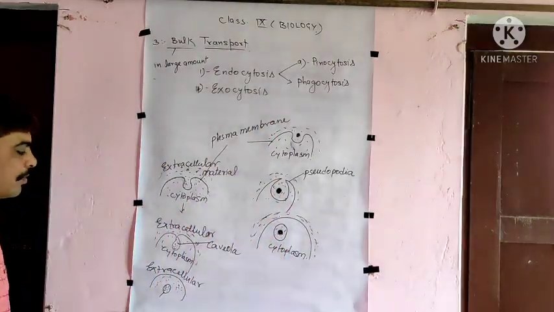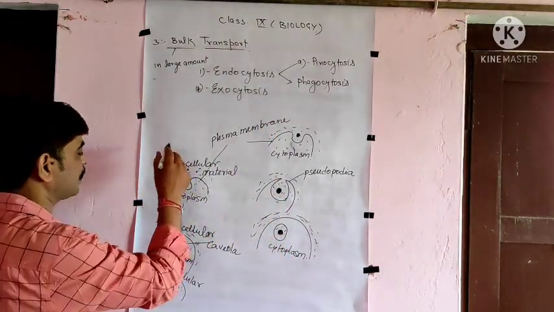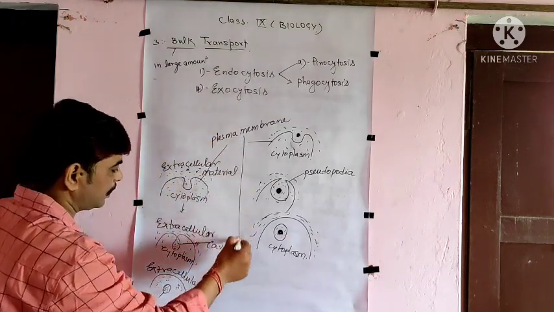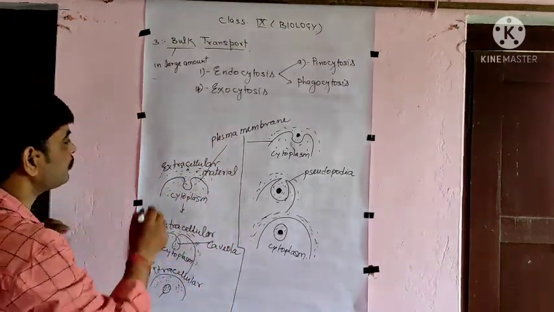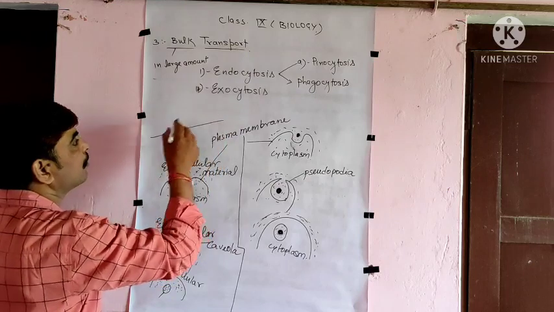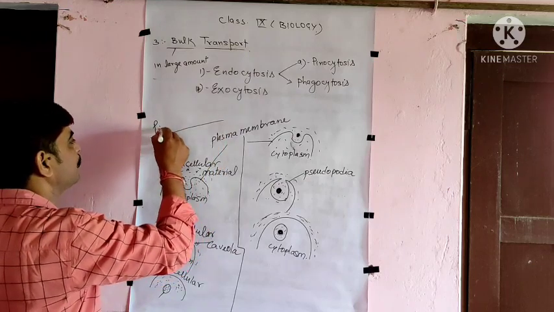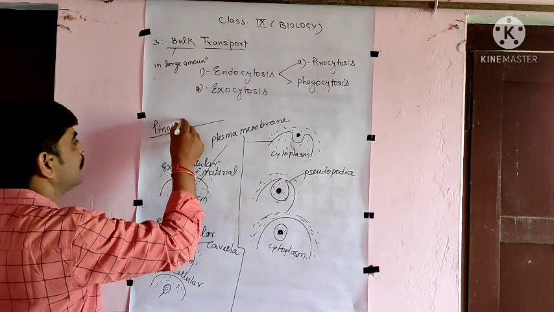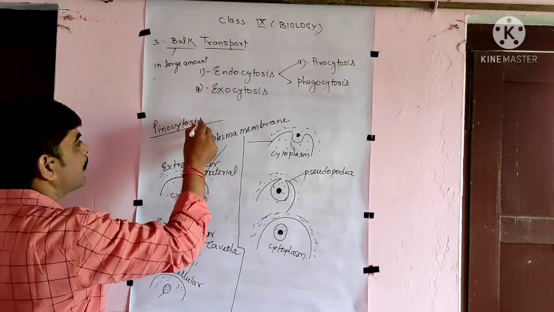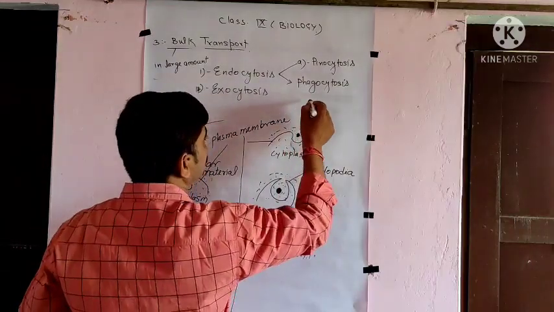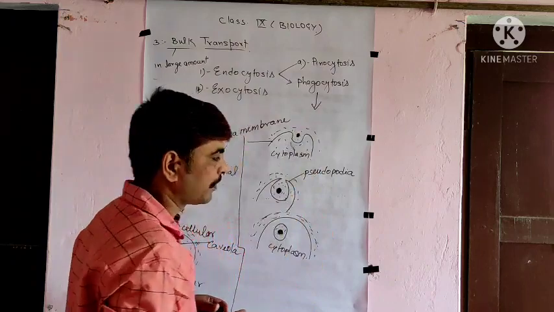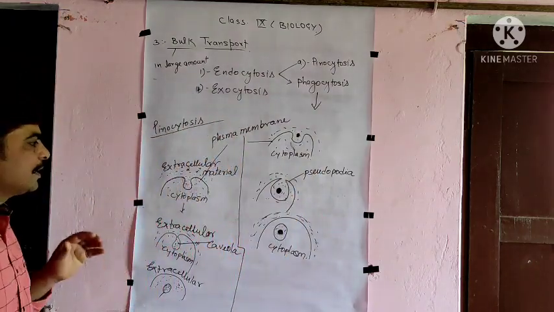Now try to understand this structure. It can be divided into two parts. This is pinocytosis. And this is phagocytosis.